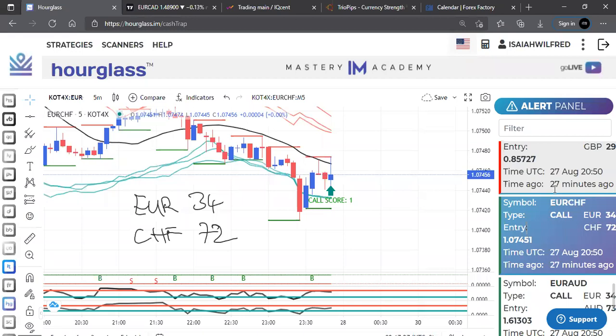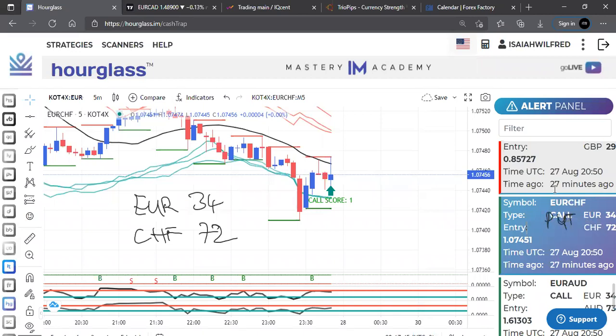So now let's count the point system together. Normally I wouldn't take this trade because it's a call written there. But since the market is closed, let's assume this was a put.